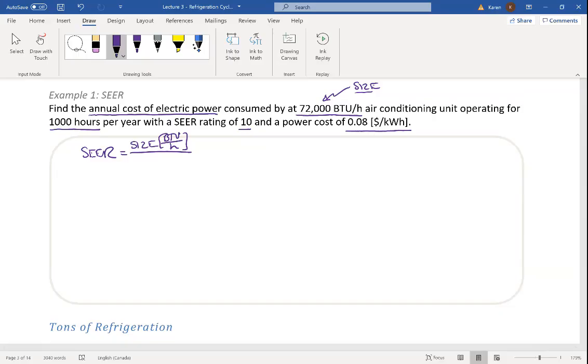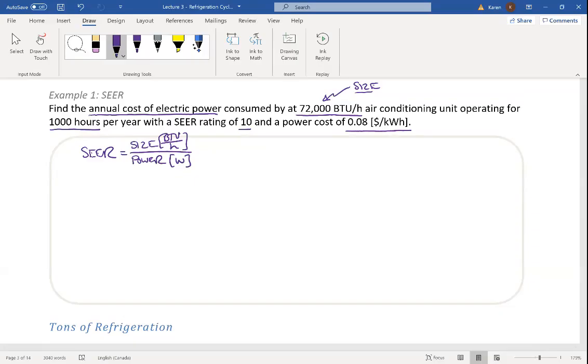Now, we like to use metric in this course, but I want to stress the fact that SEER and EER is a made-up rating system that literally is chosen to be BTUs over watt hours. And we have the power in watts, so I'm going to take the equation in this form.